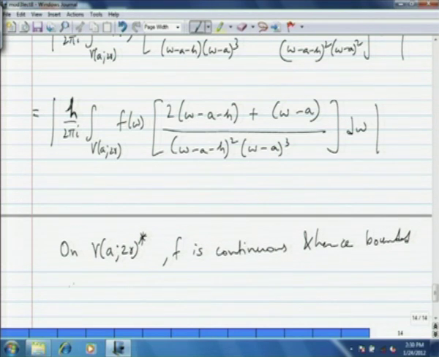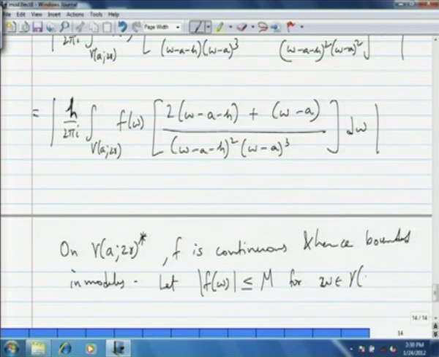Let the modulus of f of w be less than or equal to M for w belonging to gamma a to r star. So, a continuous function on a compact set is bounded.